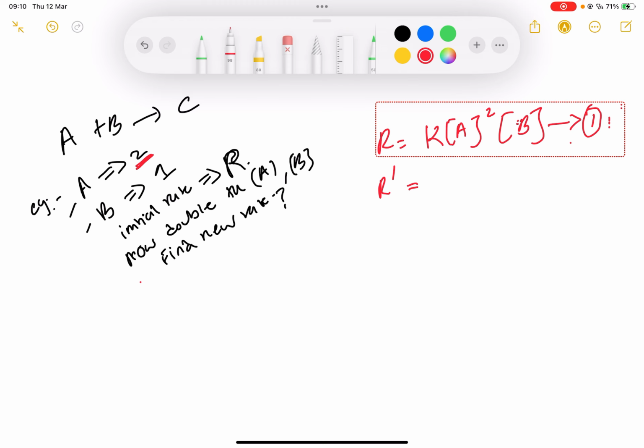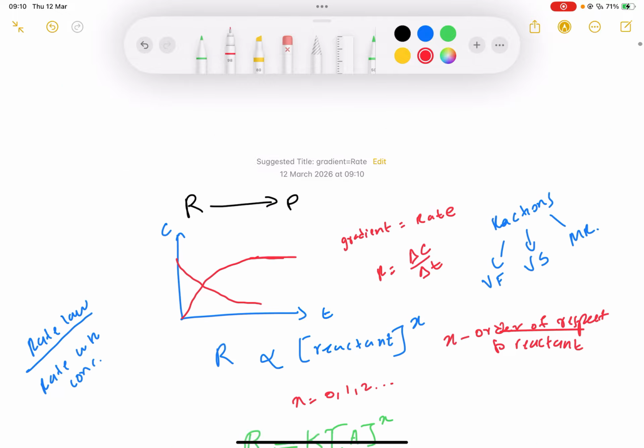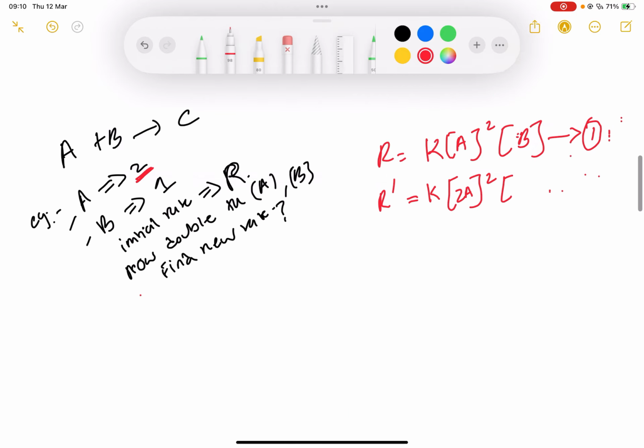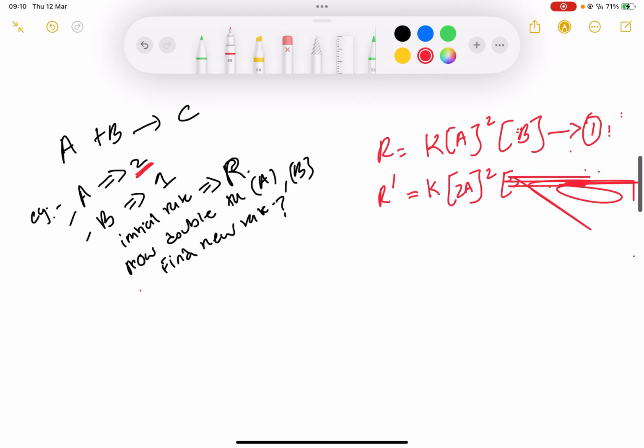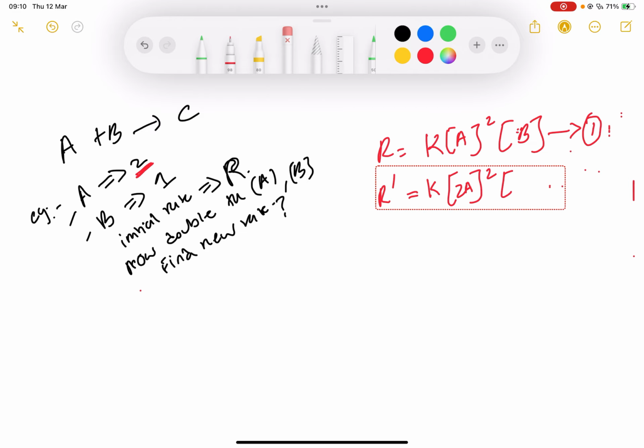Now we'll write the new expression: K, but now the concentration of A is 2A because it is doubled, 2A to the power 2. The concentration of B is 2B because it is doubled from the initial. Okay, this is equation number 2.